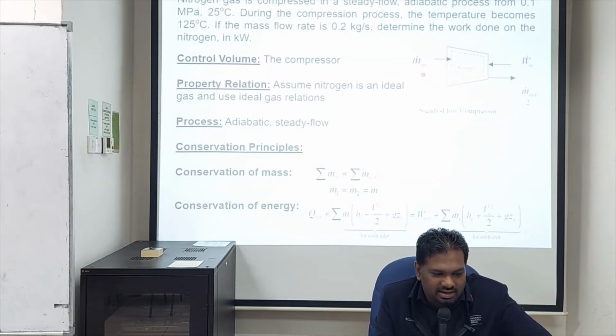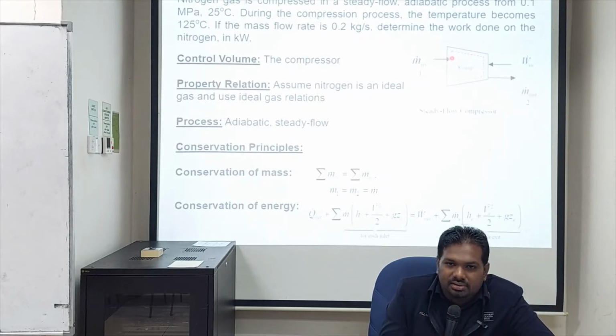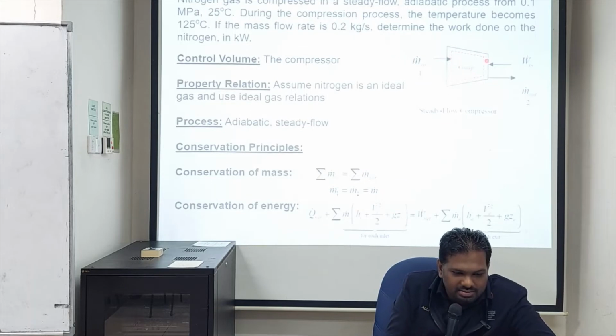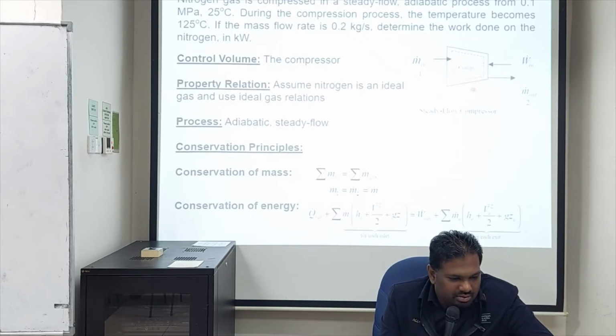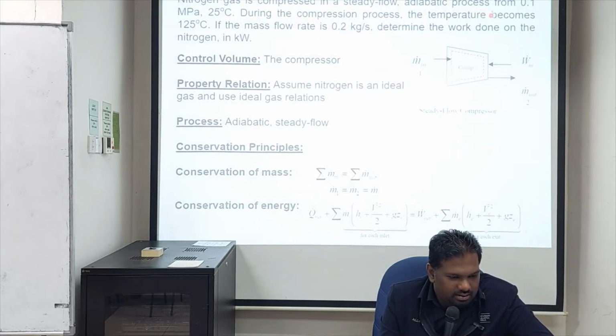So the mass is entering, so nitrogen is entering, so m in, then m out. So compressor, so work is done. Okay, electric masuk, then kerja dibuat. Okay, it's compressed. Okay, so you draw this. So adiabatic process from 0.1 MPa, 25 degrees.